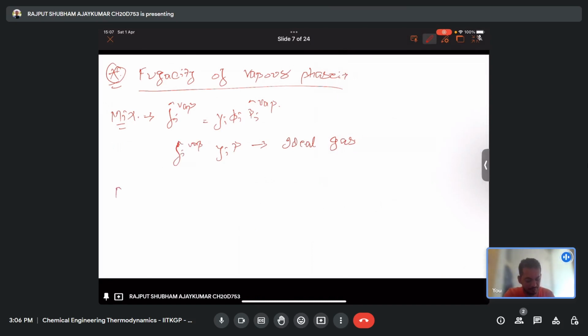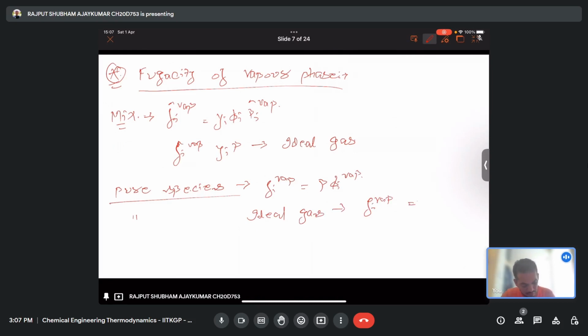Now for pure species, we can write the fugacity of the vapor phase as phi_i P. For a pure species as an ideal gas, you can write fi of vapor is equal to P. And for a real gas, fi has to be found out.